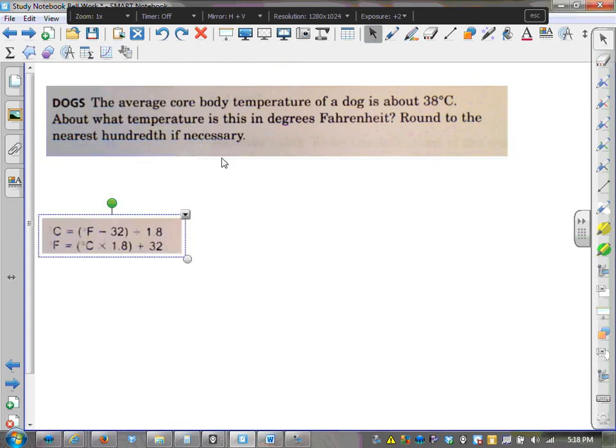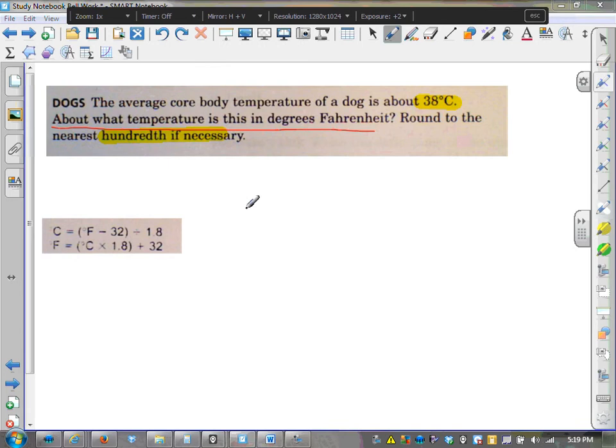All right, so again, the first thing we're always going to do is ask, what's the question? What is this in degrees Fahrenheit? Important information: it was 38 degrees Celsius, round to the nearest hundredth. We want it in Fahrenheit, so we're going to pick the one that says Fahrenheit equals.